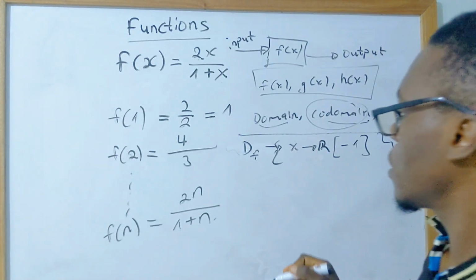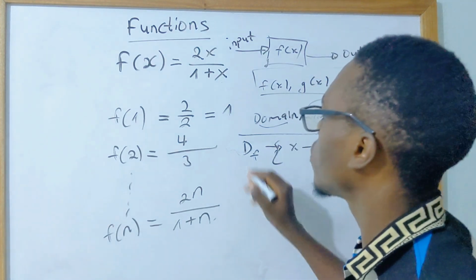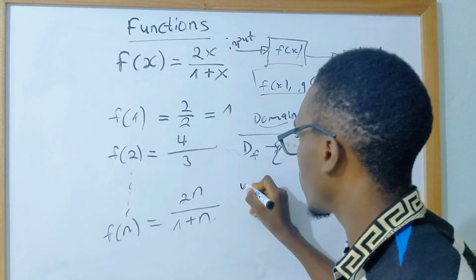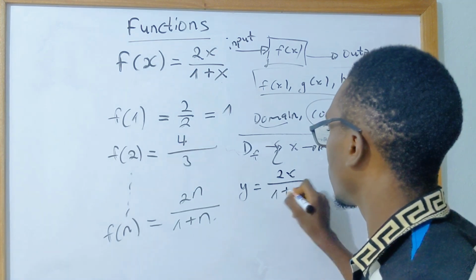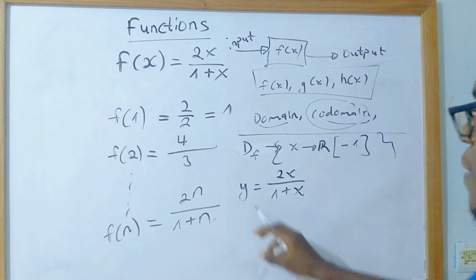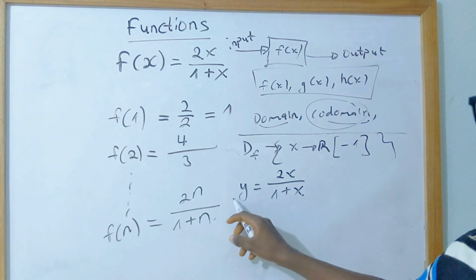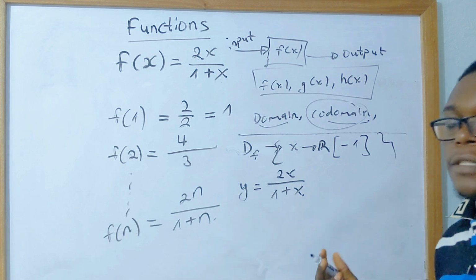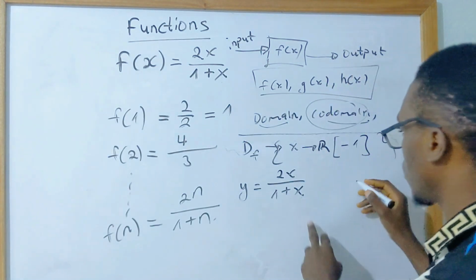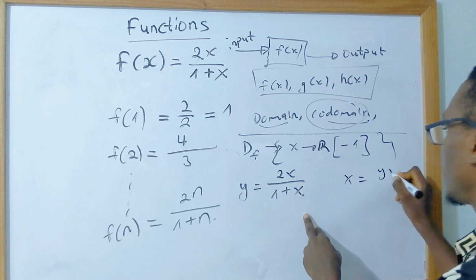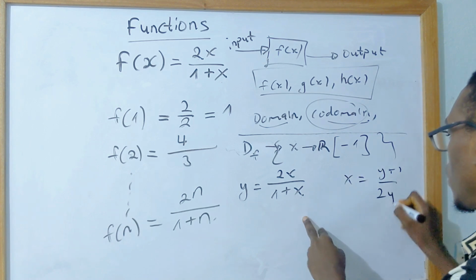Hence, to find the range or the codomain, you have to equate this. Okay, y is equals to 2x all over 1 plus x. Hence, I want to find x in terms of y, so as to find the range. The method is that you're going to make x the subject, so as to have x is equal to maybe y plus 1 over 2y, something like that.